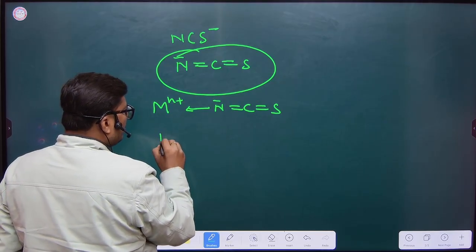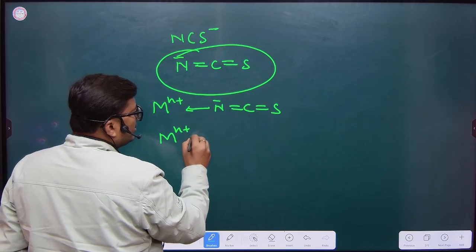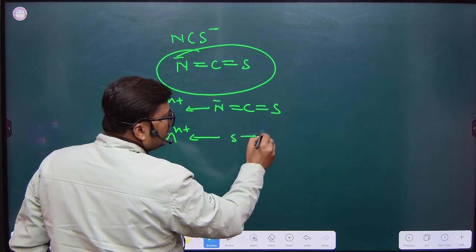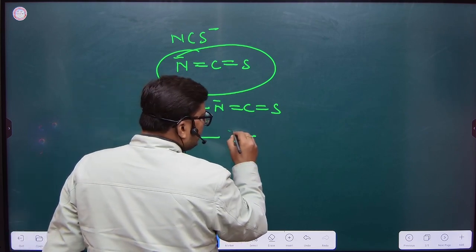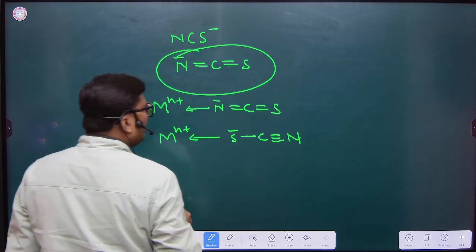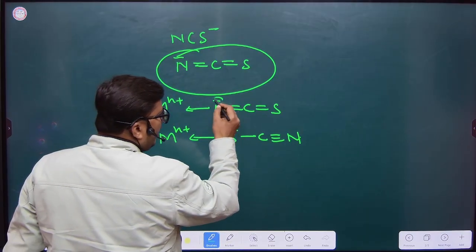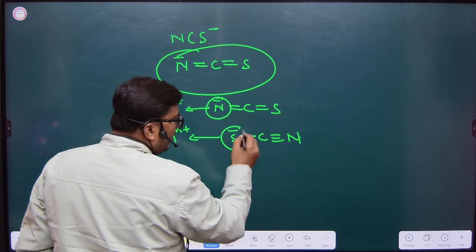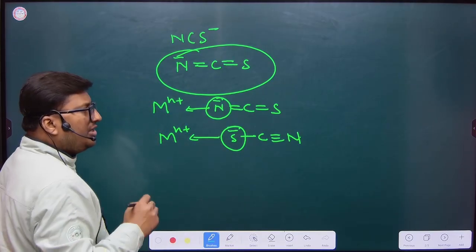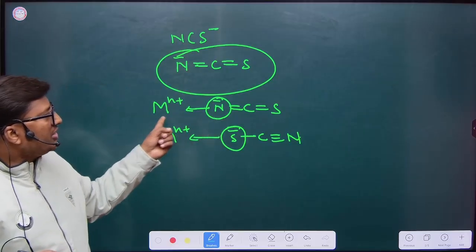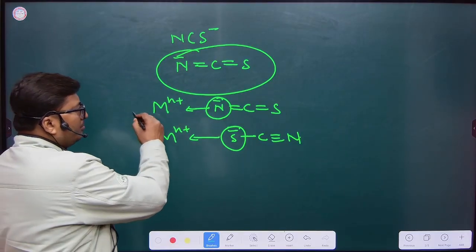Another possibility is M n plus with S, S minus C triple bond N, right? So here the nitrogen anion acts as a donor site, and here the sulfur anion acts as a donor site, but ultimately the structure and composition of the complex is same, right?